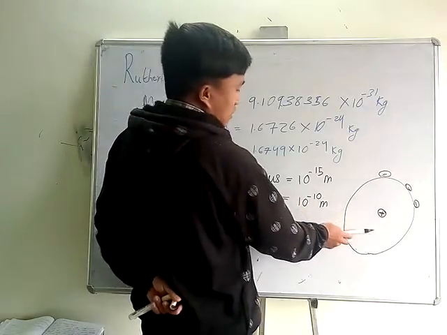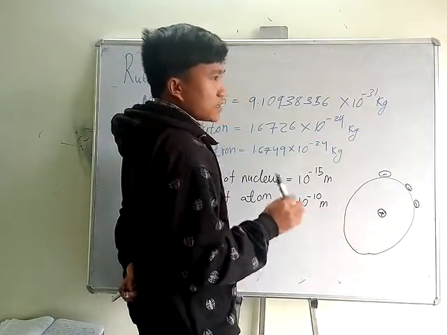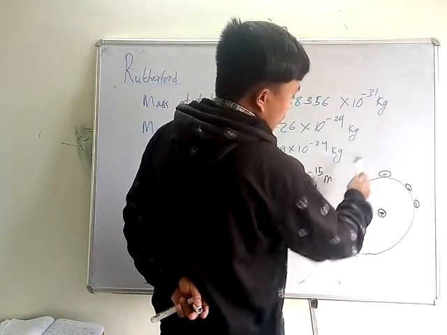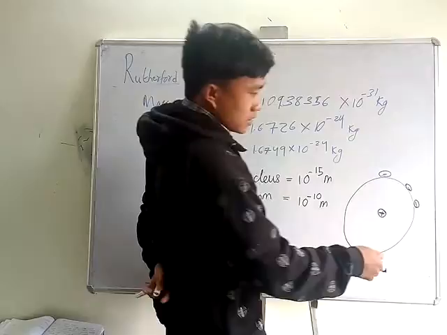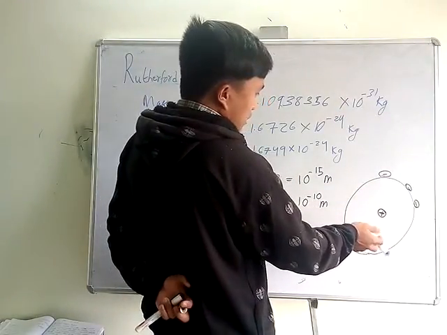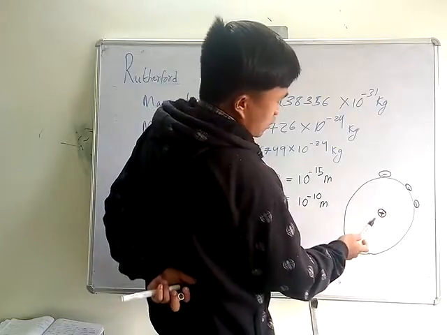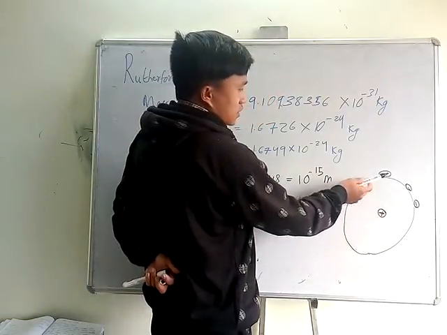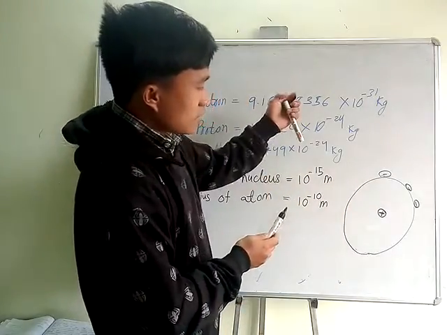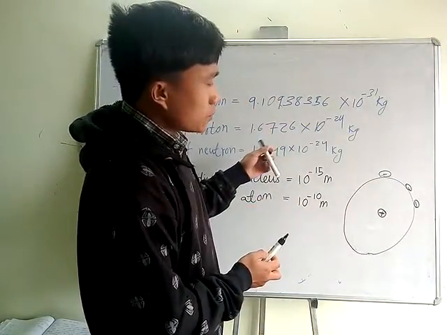Therefore, the atom is electrically neutral. Whenever these electrons are revolving around the nucleus, inside we know there are protons, or we can say positive charge, and the attraction between this positive charge and the negative charge provides the centripetal force.